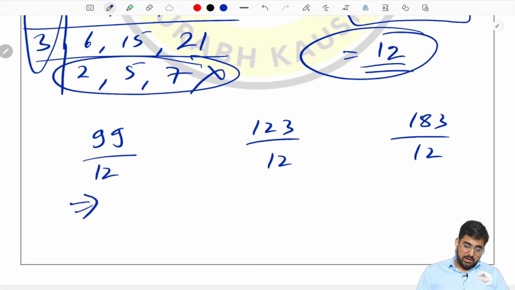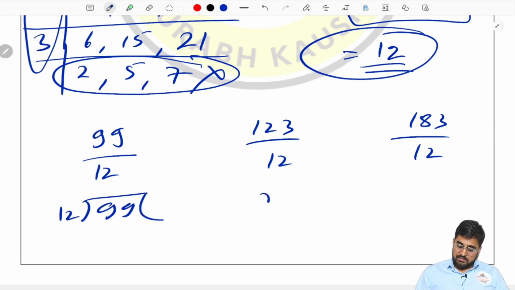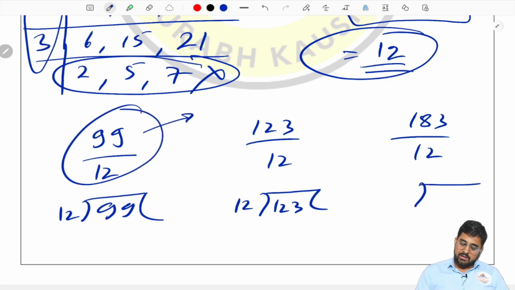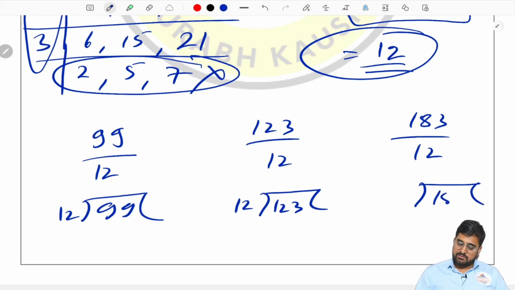Now it will give you a mixed fraction if you do it like this. But when you do the full division like this, then you will get the clear picture. Otherwise, in this method you will get the mixed fraction. We will discuss the mixed fraction in upcoming lectures.